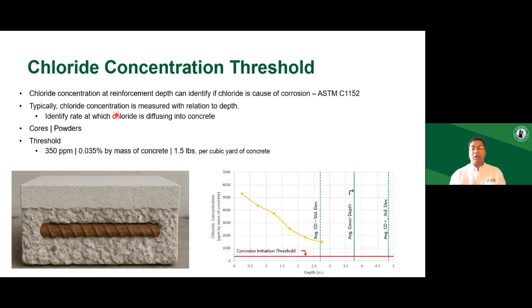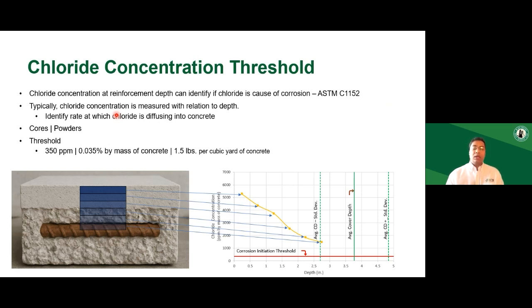And this is what a typical chloride profile looks like. If your concrete deck is exposed to high levels of de-icing salts, then obviously you would see a lot of chlorides at the surface. And as you go down the depth, the concrete might have lesser and lesser amounts of chloride. The key piece of information to be derived here is what my chloride concentration is at the rebar depth.